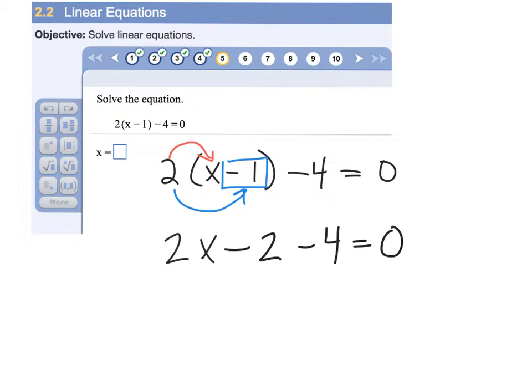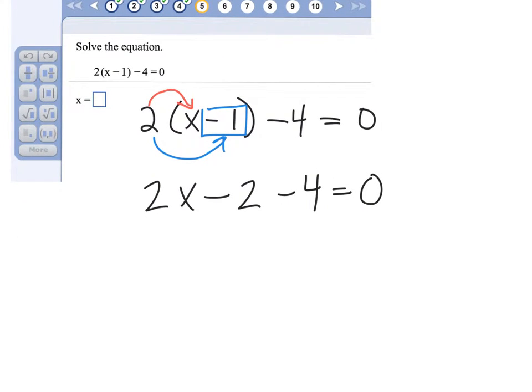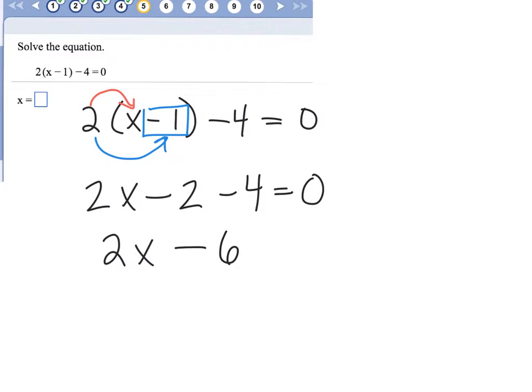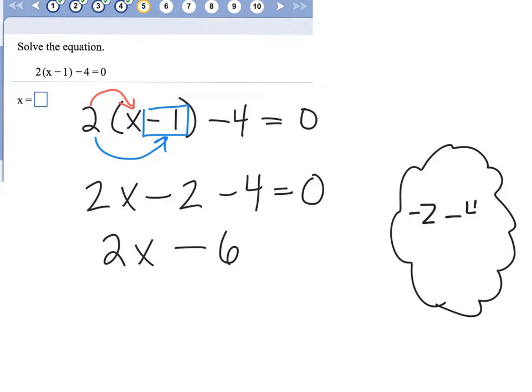Now let's do a little bit of simplifying. So the simplifying is 2x minus 6. Now how the heck did I get that? Well, over here on scratch paper, what I just did was minus 2 minus 4, which becomes negative 2 plus negative 4.